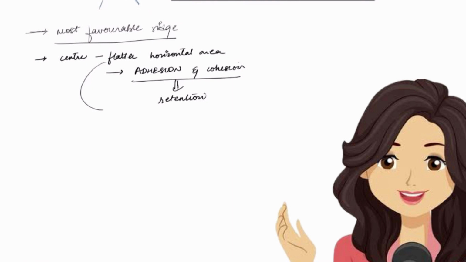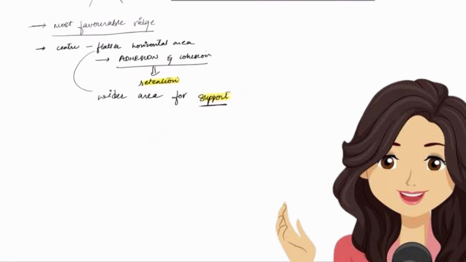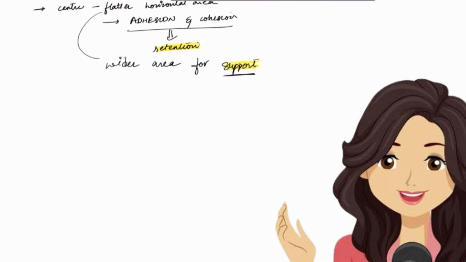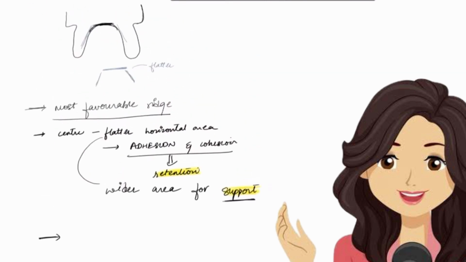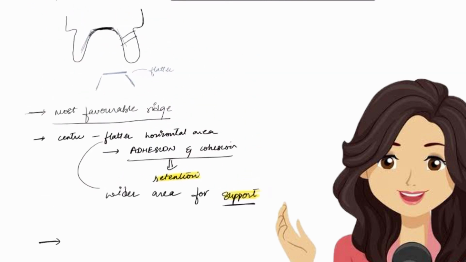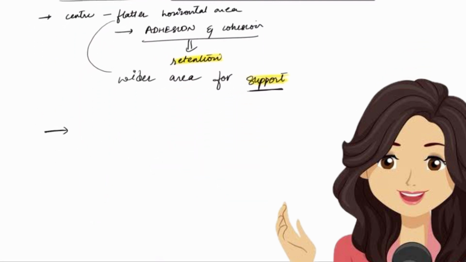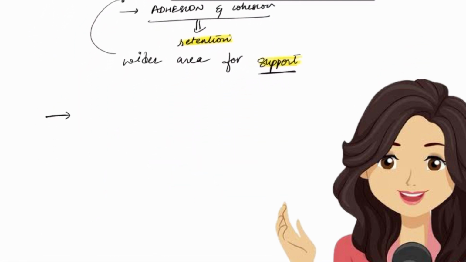Second important thing is that it gives you a wider area for fulfilling the property of support also. So that is also very important. So the properties of support and retention are very well fulfilled over here, right? These are well-developed ridges, with good height and volume. What will they do?